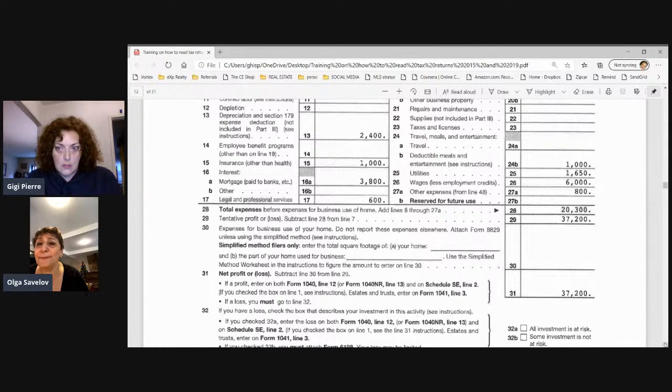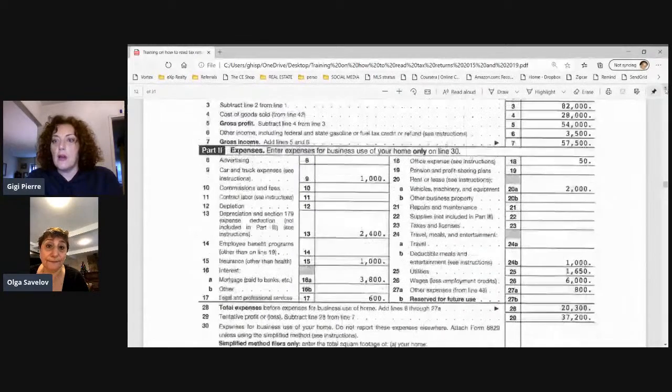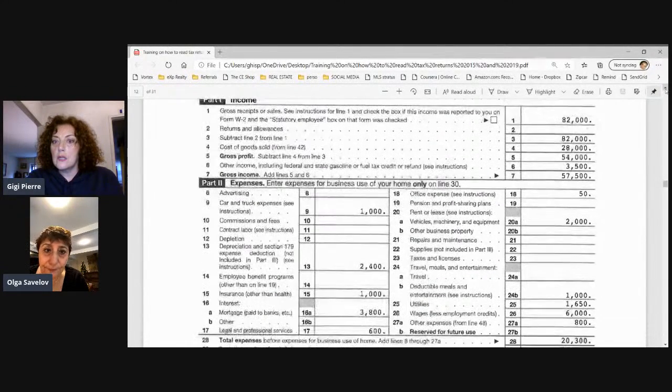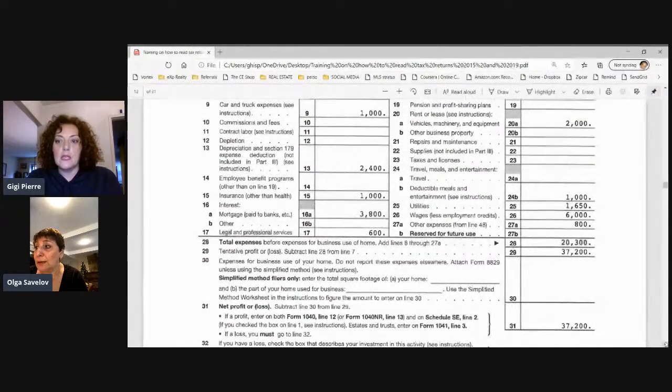So for the qualifying income, we're not going to use 82,000. We're going to use 37,200. We're always going to use net profit or net loss. Net profit was 37,200, because his gross profit was 54,000 plus 3,500 other income, so 57,500. Then where does he have that $20,000?